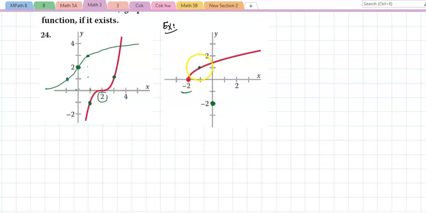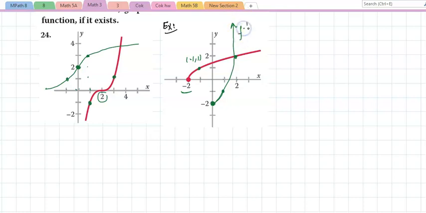This point looks like negative 1, 1, so switch x with y, 1, negative 1, got it. And if I pick this point, it looks like 2, 2. If I switch x with y, that's 2, 2. That's the graph of the inverse.